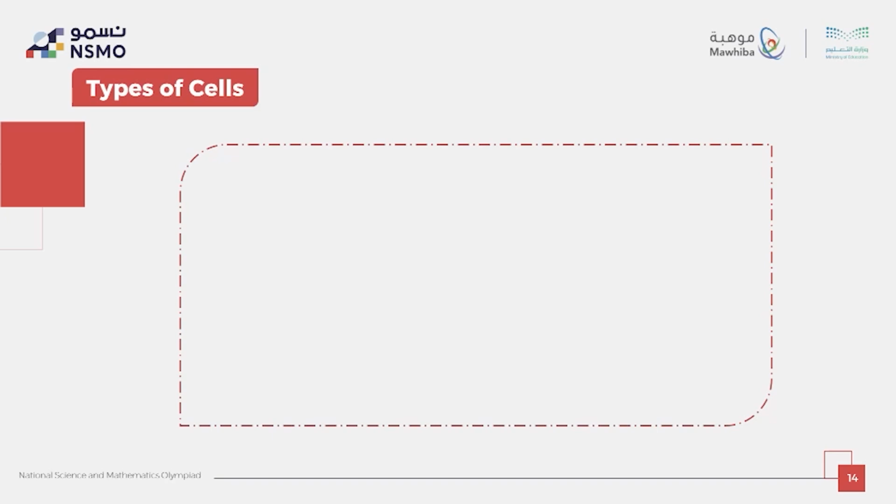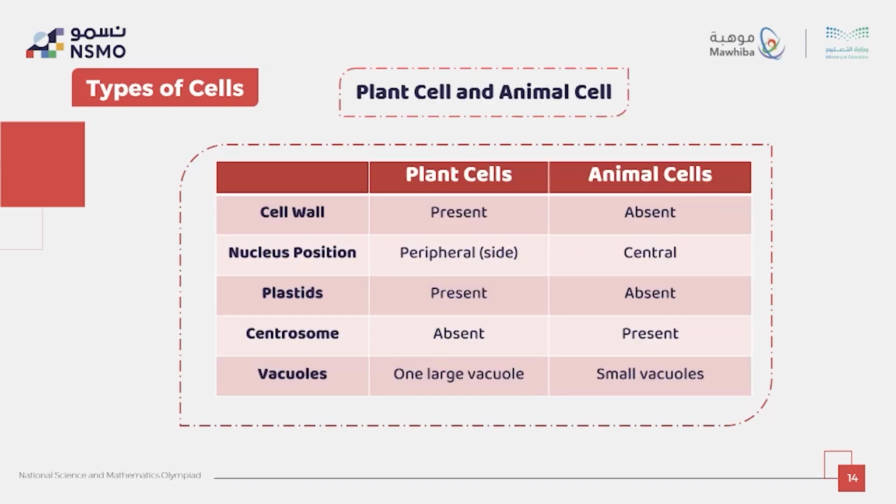So this slide summarizes the key differences between plant cells and animal cells. And as we said, the cell wall is present in a plant cell, absent in animal cells. Nucleus position: here inside, here central. Plastid, plants have it because of photosynthesis, animal cells do not, it's absent. Centrosome doesn't appear here, but animal cells have it to divide the cell in reproduction.